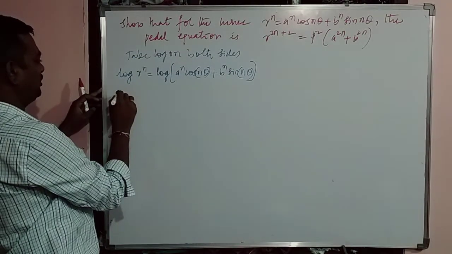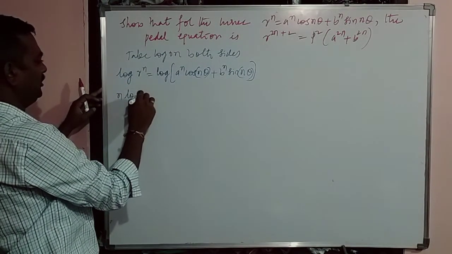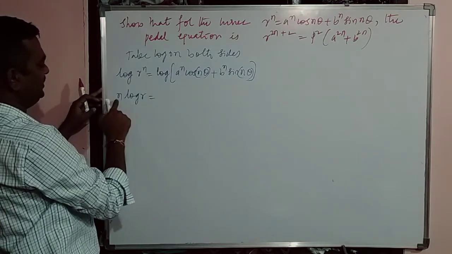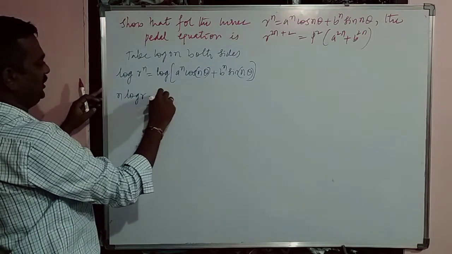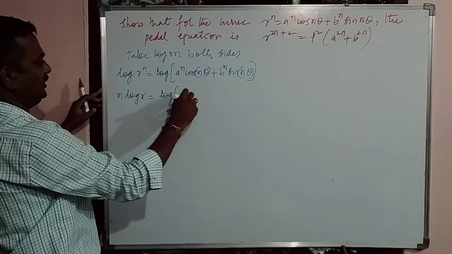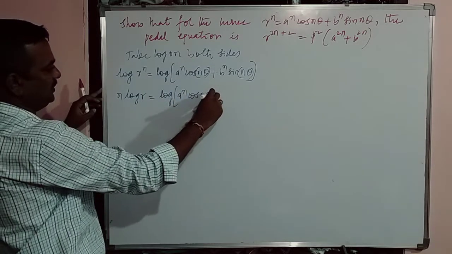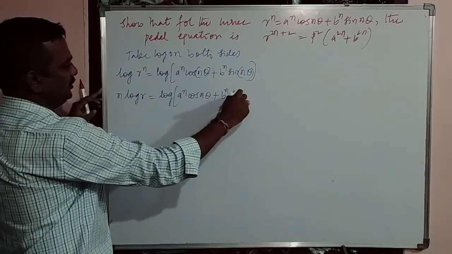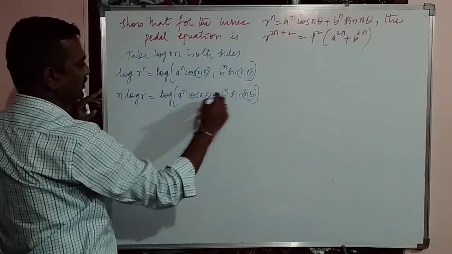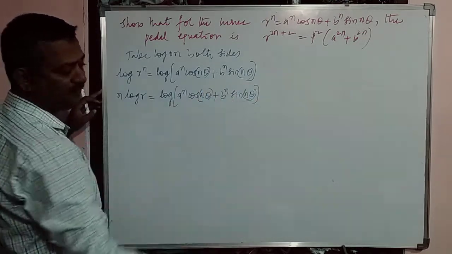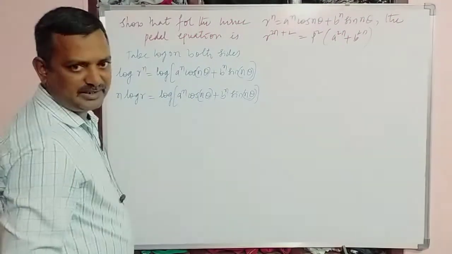Now apply the laws of logarithm. This is n log r, since log m^n is n log m, equal to log of (a^n cos nθ + b^n sin nθ). Students, we don't have any formula for log of (m + n), so we keep that as it is.